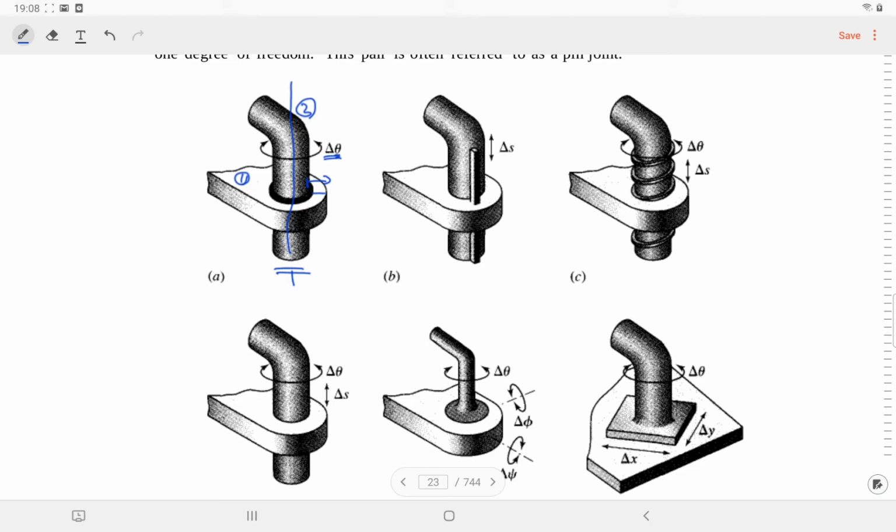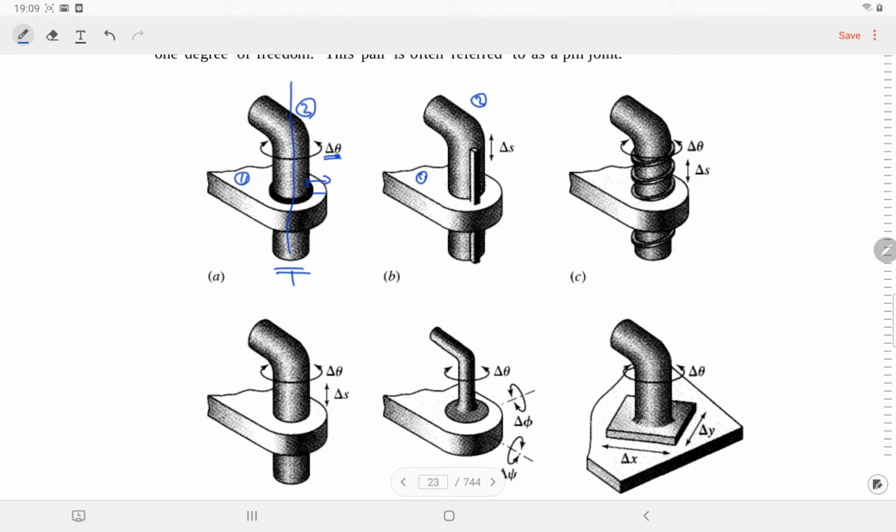And if you see here, one slot, it looks very similar. Once again, this is body 1, this is body 2. They look very similar, but the only thing is there is a slot in body 1 and there's additional material added such that body 2 will only slide along this slot.